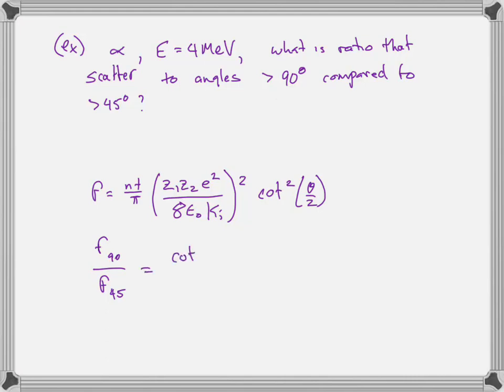So we've got the cotangent squared of 45 over 2 over the cotangent squared of 90 over 2, which is equal to 0.17. So it says that 17% of the scattered particles scatter greater than 90 degrees, right? That's what that says. 17% of those that scatter greater than 45 degrees are at an angle greater than 90 degrees.